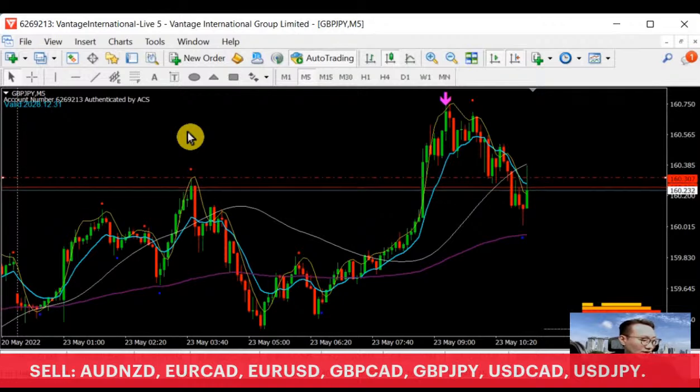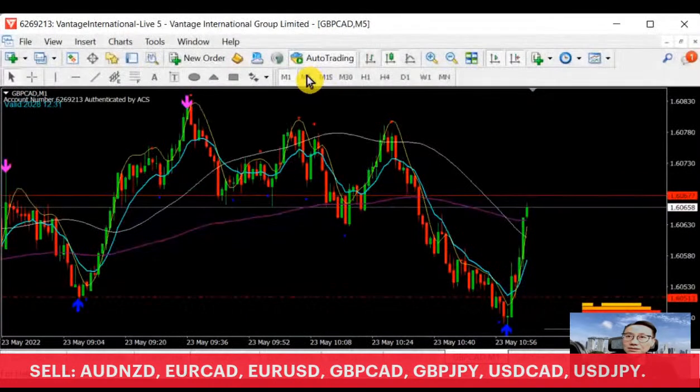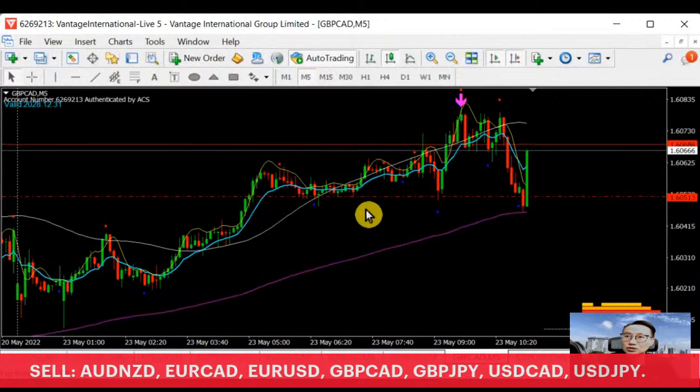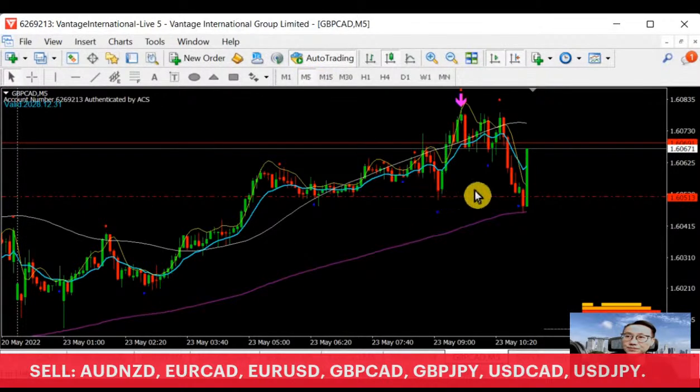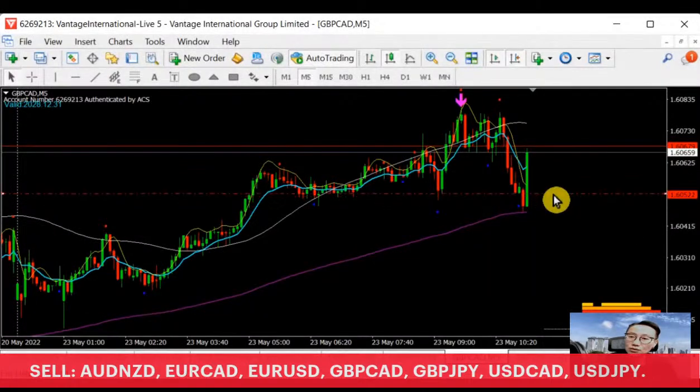How about yen? I think currently it's also quite potential. I'm waiting for the next 5 minutes to open. So, pound cat, how about pound cat? Like I said, this is a support and it's trying to break the support. Let's wait and see over here.